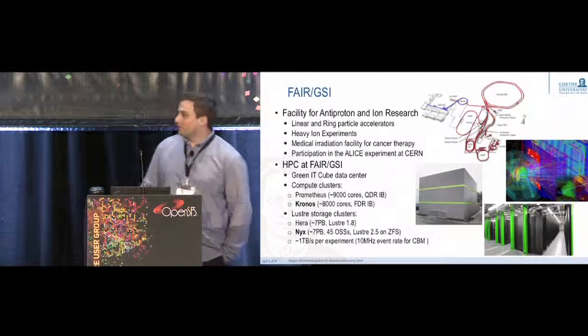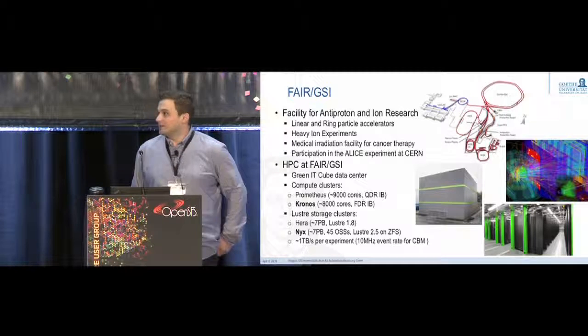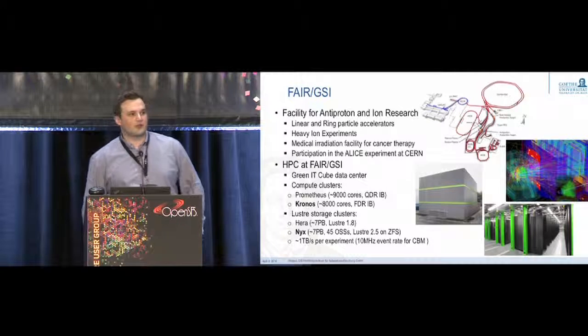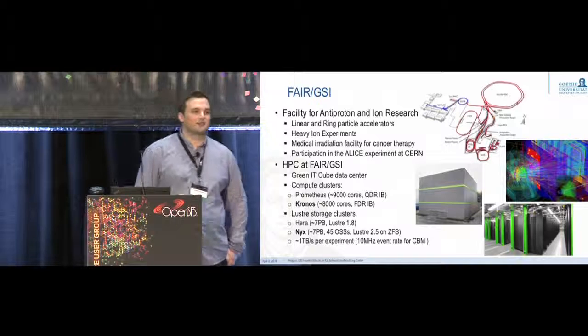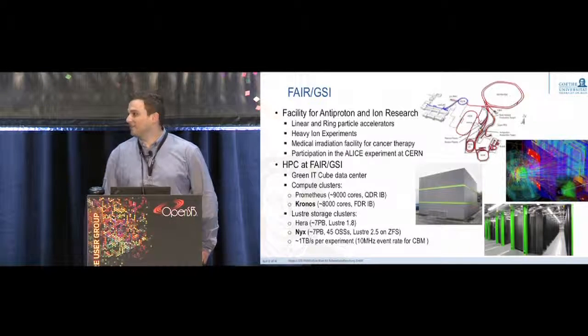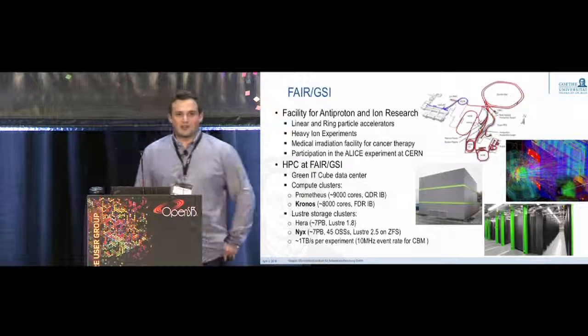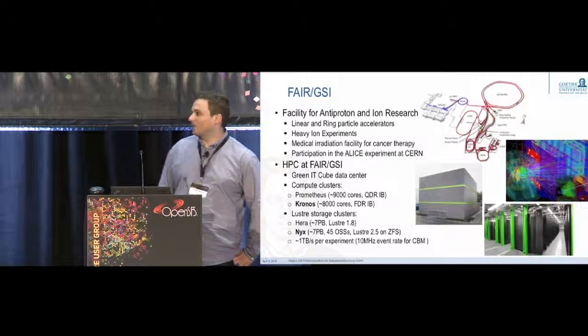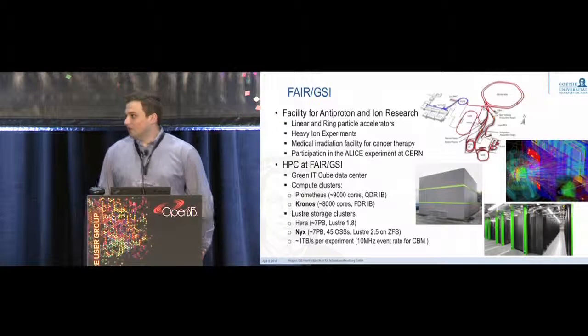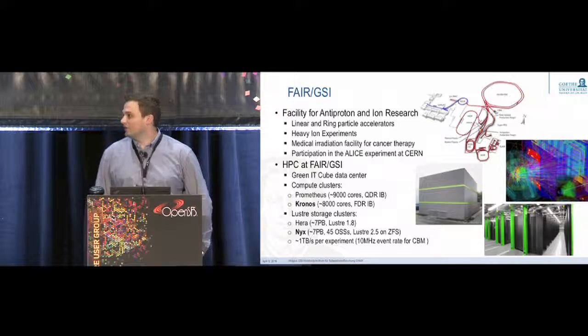So a few facts and numbers about us. GSI is a Helmholtz Center for Heavy Ion Research that does research in heavy ions and nuclear physics. It's a research center based just outside Darmstadt, Germany. There are other fields of research like biophysics and medical research.